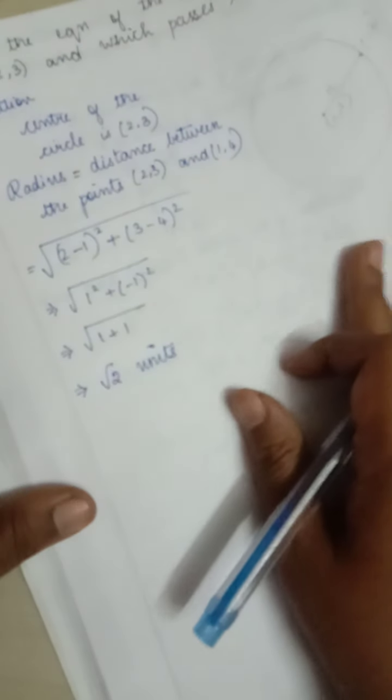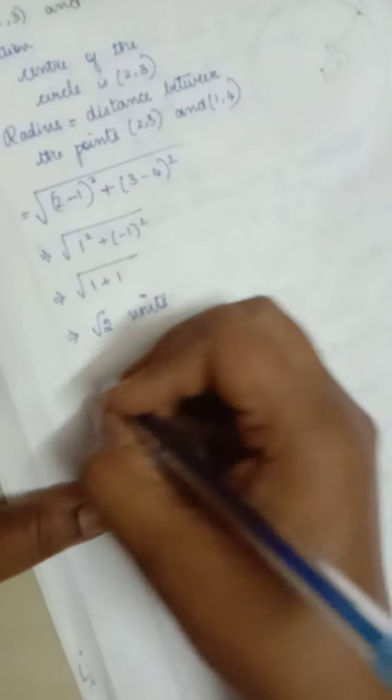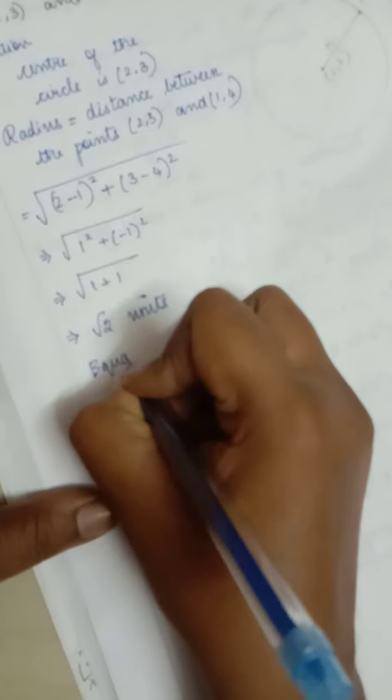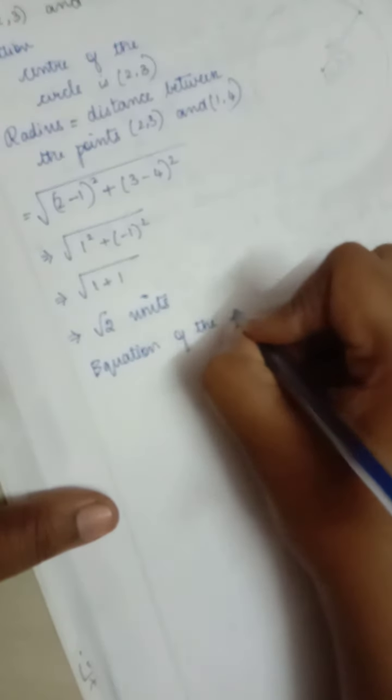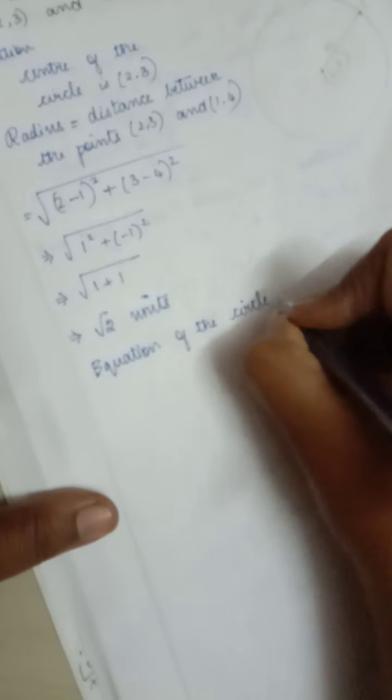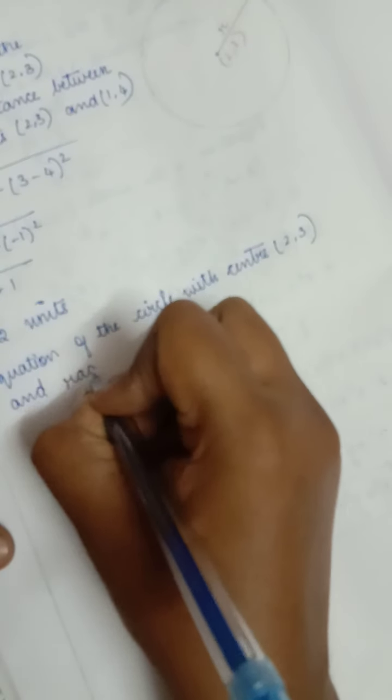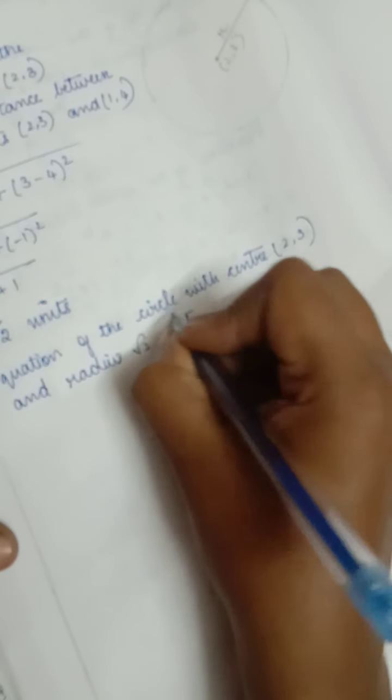Okay, so next we have to find the equation of the circle with center 2, 3 and radius root 2 units.